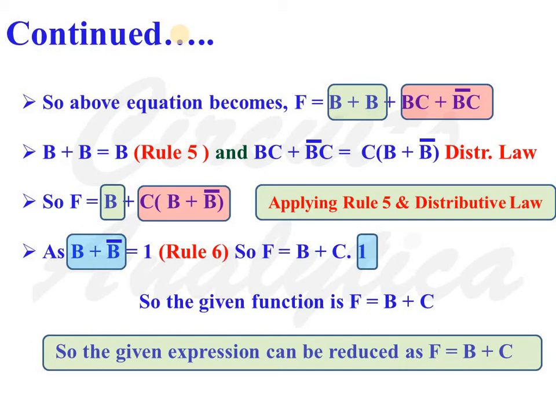So we can write F is equal to B plus C into (B plus B bar). As B plus B bar is equal to 1, we can write F is equal to B plus C and 1. So we will get the given function F is equal to B plus C.